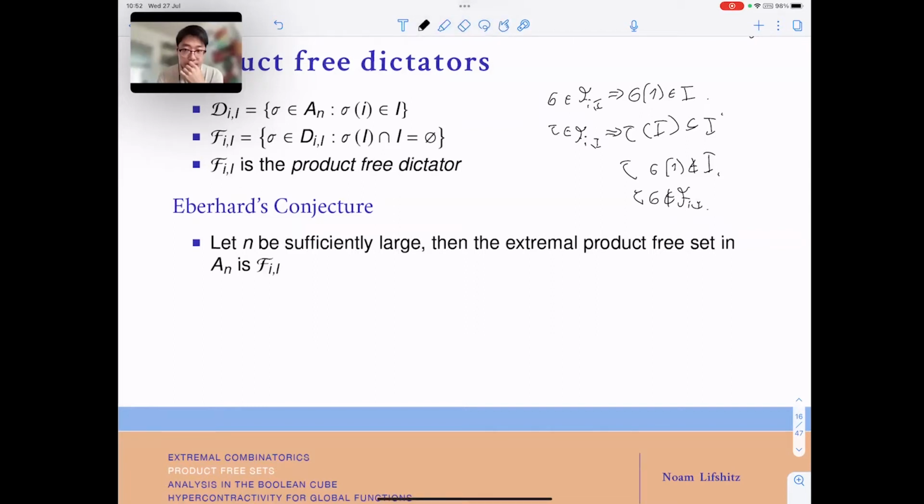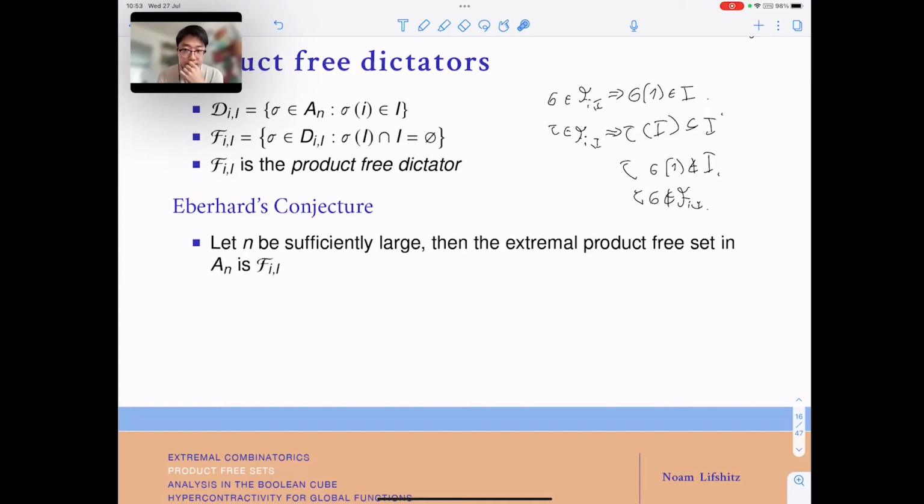And Eberhard and also Crane conjectured that this is the extremal product free set. So you can choose a proper size for the set I, it doesn't matter which set you choose, and the proper size is roughly root n. So this extra condition that sigma I is disjoint from I, when I is of size root n, happens essentially for free. You only need to be slightly lucky.